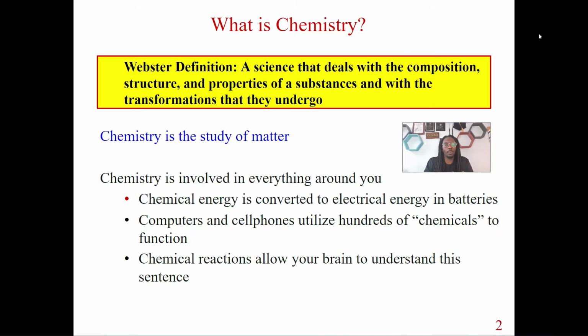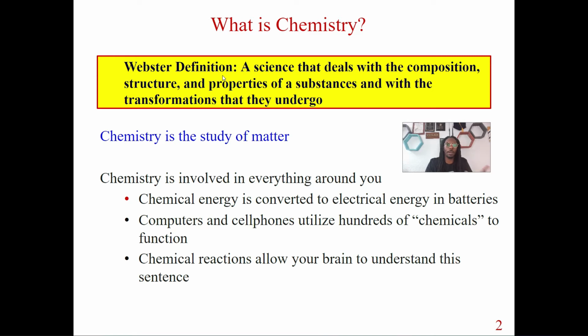What is chemistry? People have a lot of different definitions for chemistry. Let's go to a dictionary, that good old Webster. I don't know, do people even use Webster anymore?